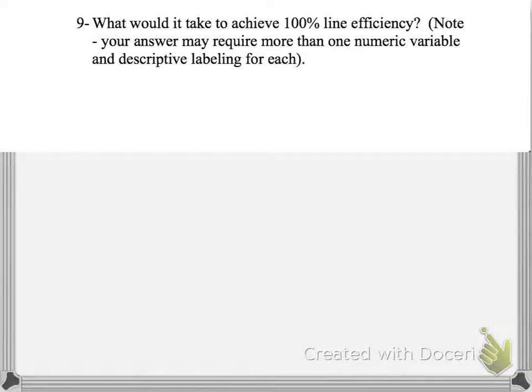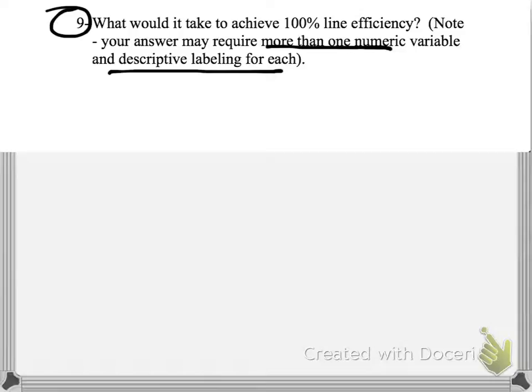And finally, moving on to question number 9. What would it take to achieve 100% line efficiency? And note that your answer may require more than one numeric variable and descriptive labeling for each.